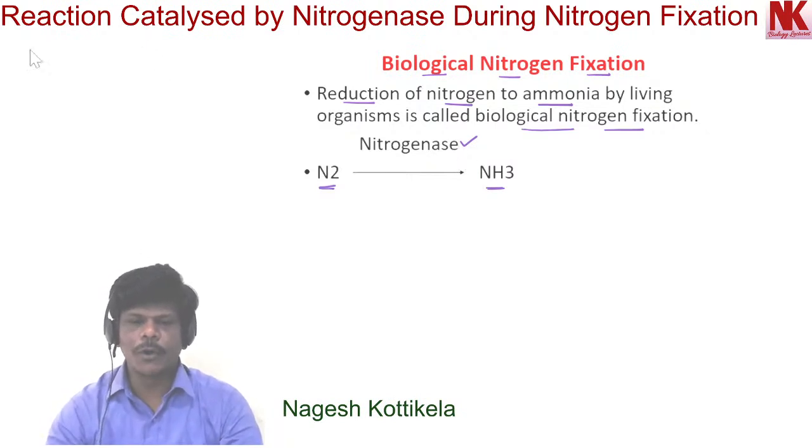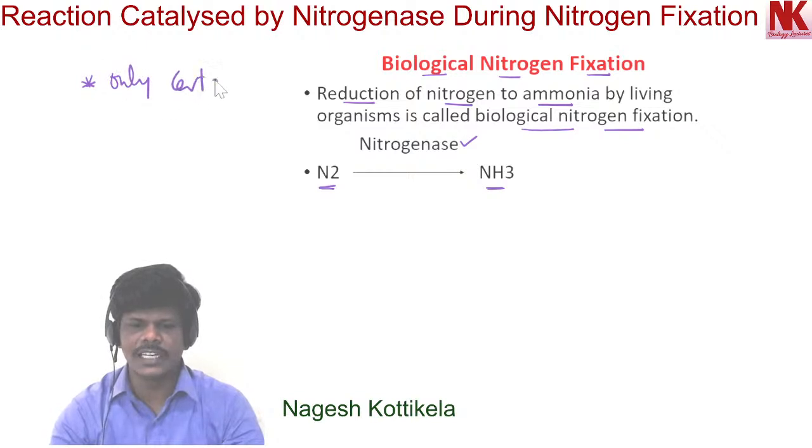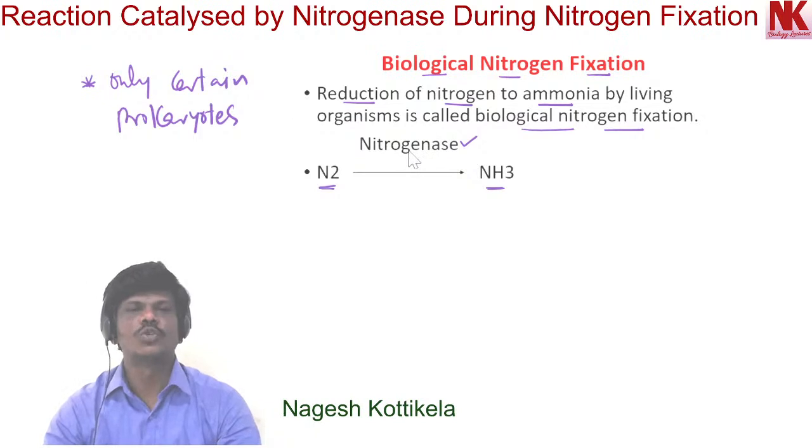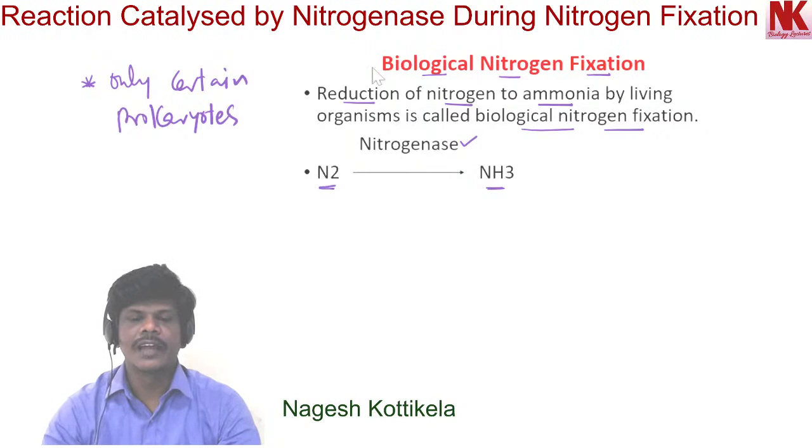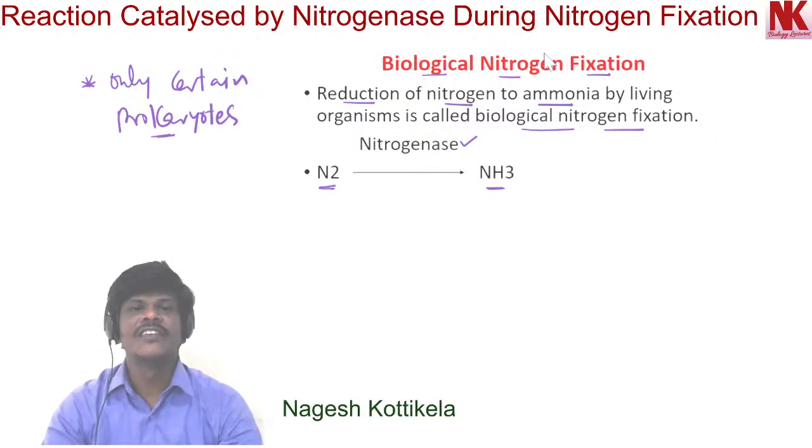One very important aspect here is that only certain prokaryotes contain this nitrogenase enzyme. This enzyme is capable of reducing nitrogen into ammonia, and it is exclusively found in certain prokaryotes. So this is what we call biological nitrogen fixation.